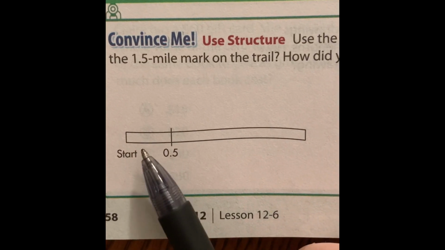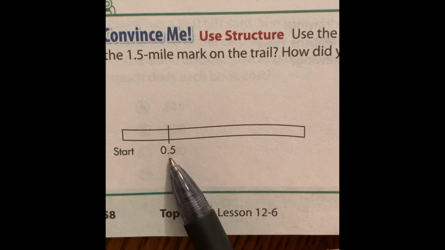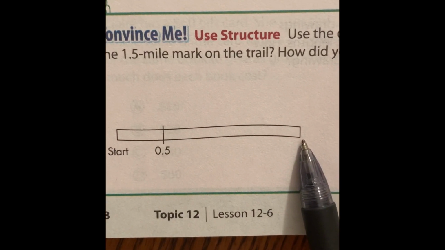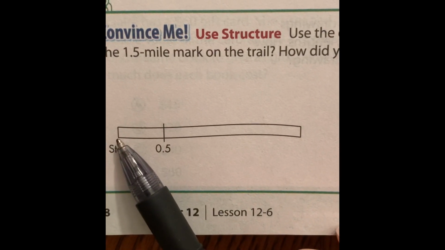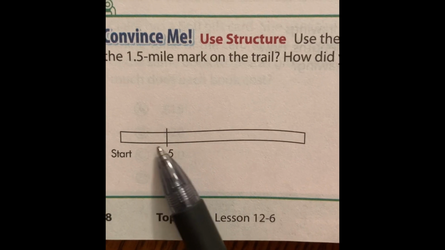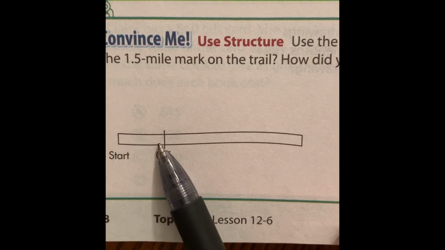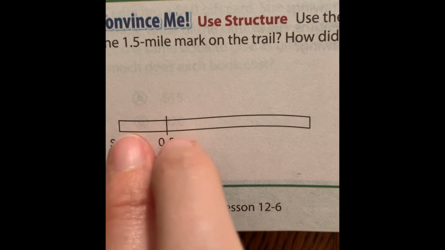So let's look at this number line for a moment. I can tell that this 5/10 is not in the middle from the start all the way to the end of this line. So this line is showing me greater than 1. So I have to figure out, where would the 1 mile marker go? If this is 5/10 or halfway to 1 mile, I'm just going to kind of guesstimate from here to here.